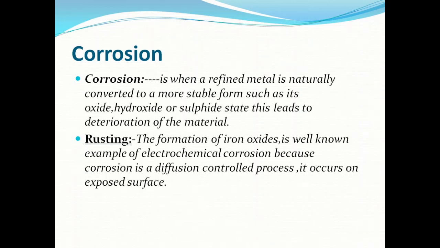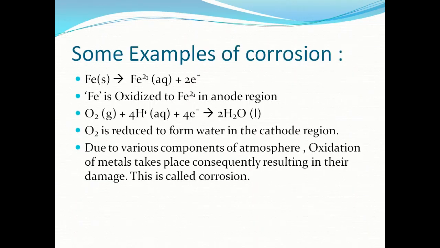Because corrosion is a diffusion controlled process, it occurs on the exposed surface. The rust of iron does not form by simple reaction of oxygen with the iron surface. The rust is from an electrochemical reaction.